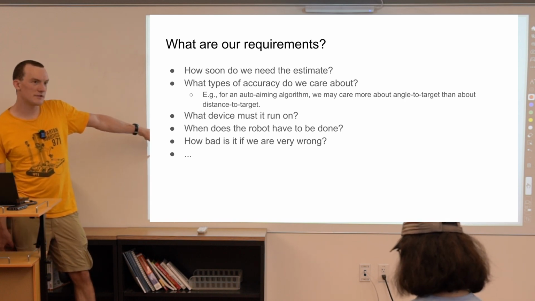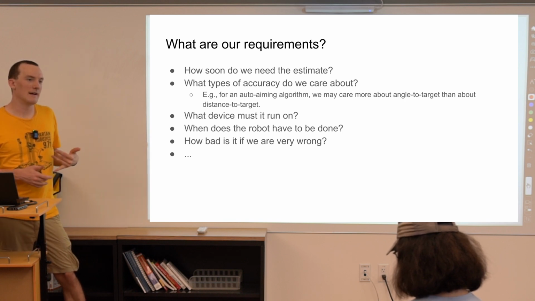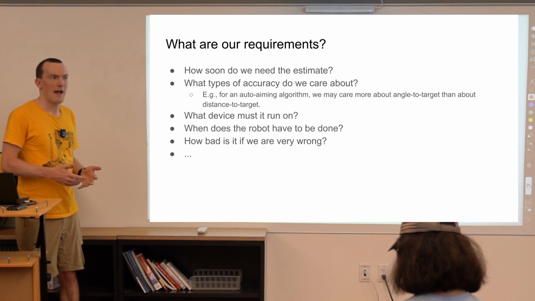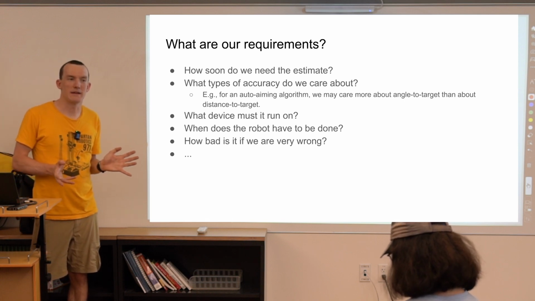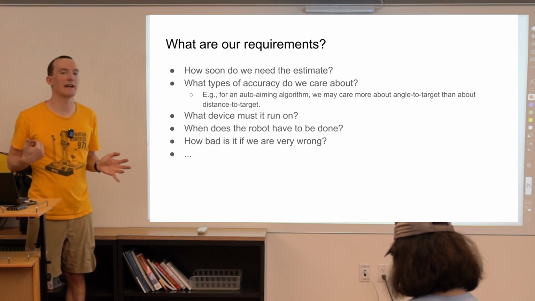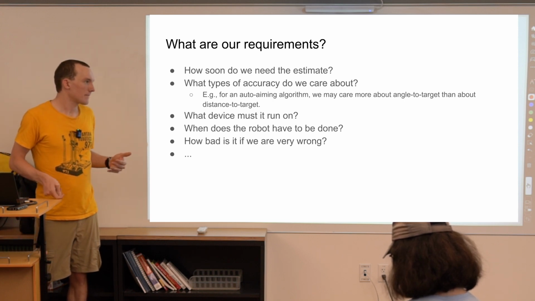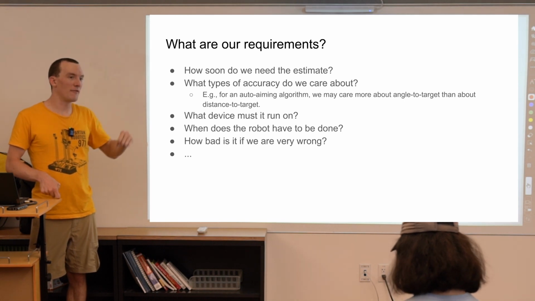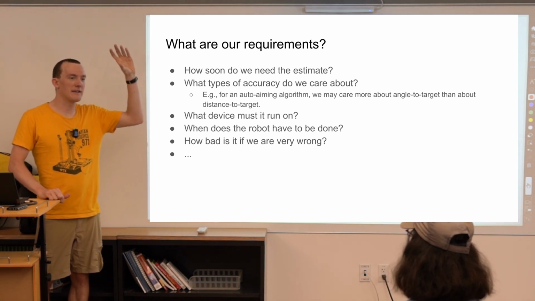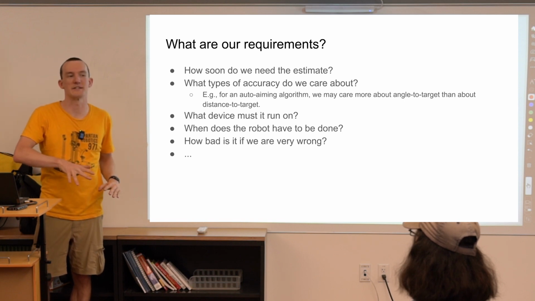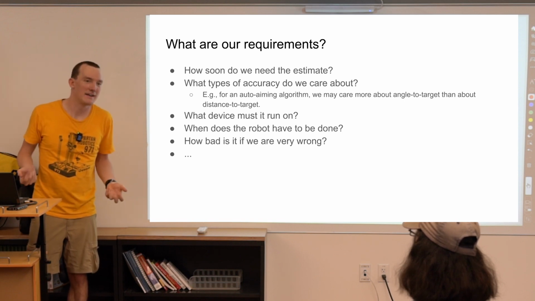And then there's a question of reliability. Okay, if we're building this fancy estimator, how wrong is it allowed to be? If we get a horribly wrong estimate back from it, what happens? Like if you're trying to control an elevator at a really high rate and you suddenly get a really wrong estimate of where it is and you slam the elevator straight into a hard stop and break the robot, that's very bad.